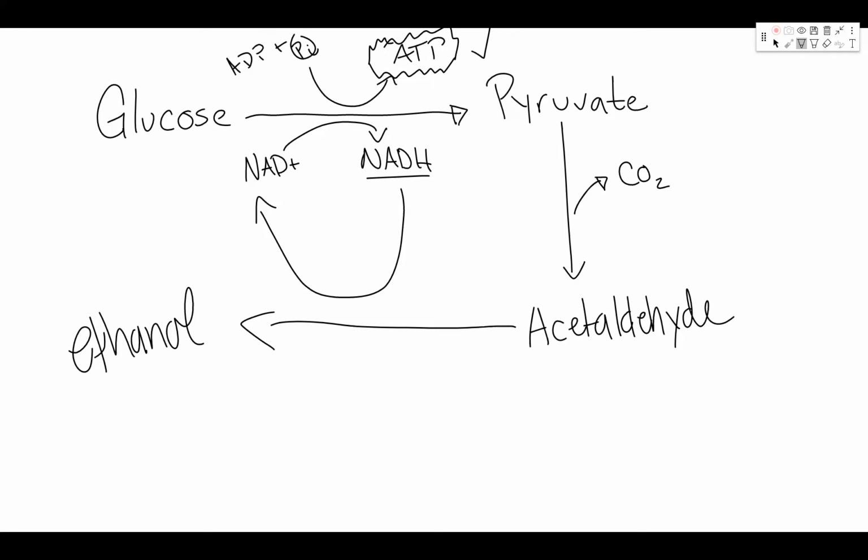As you will find out tomorrow, yeast is a very good fermenter, and it does this process. Has anybody ever made bread from scratch? Maybe. Has anybody seen the process of making bread from scratch? Watched an episode of Great British Bake Off, right? They use yeast to make their breads rise, right?